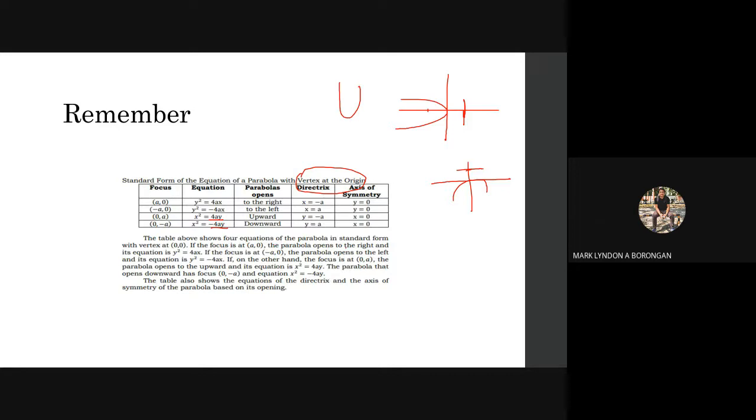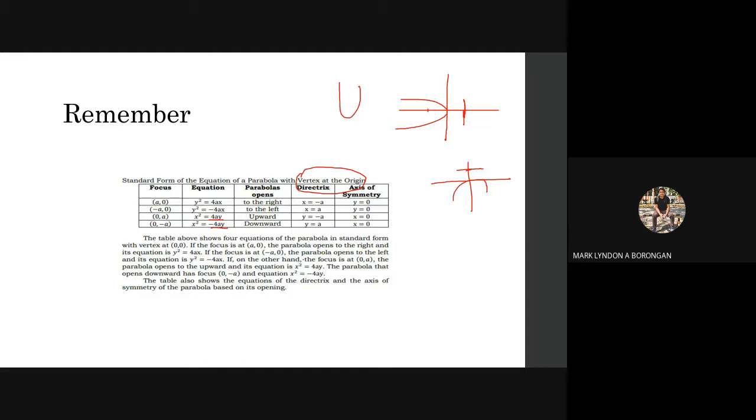Now, the parabola opens to the right and its equation is y squared is equal to 4ax. If the focus is at negative a, 0, the parabola opens to the left and its equation is y squared is equal to negative 4ax.